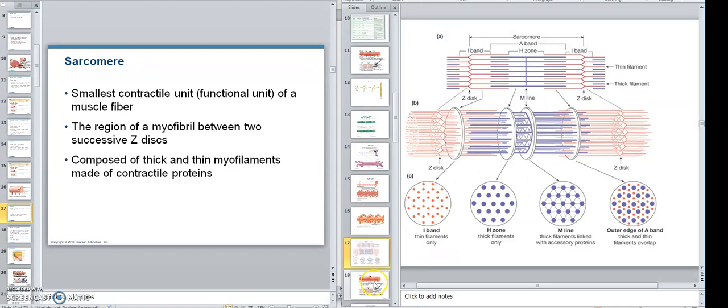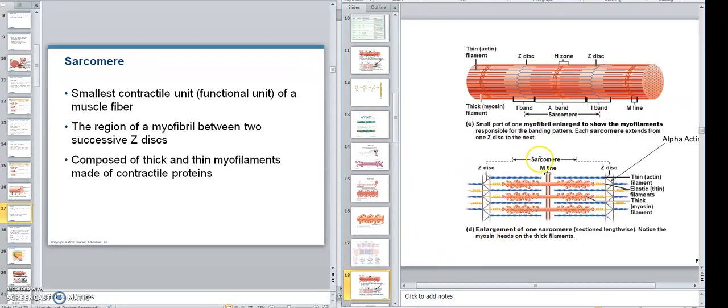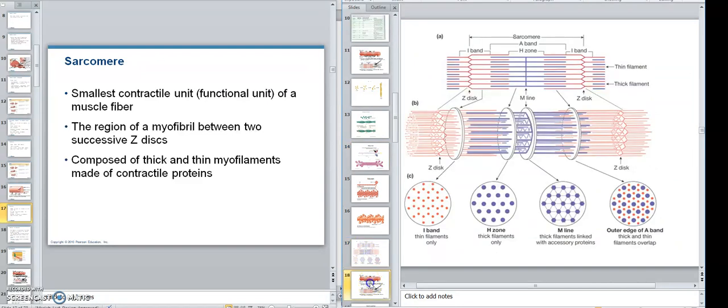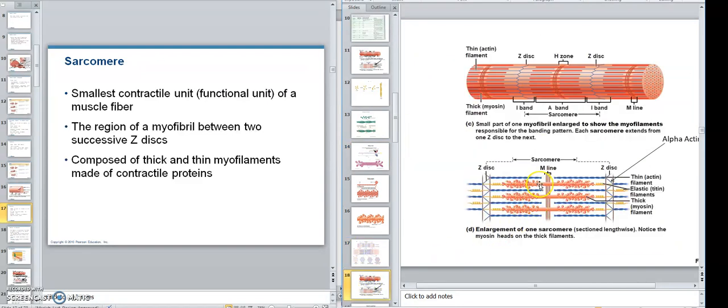The job of the M-line protein is 2 in nature. Go back. The M-line protein not only hooks the two pieces of myosin together, so bond, bond, bond. The other thing it does is to keep the myosin in registry, which means so it doesn't fall.